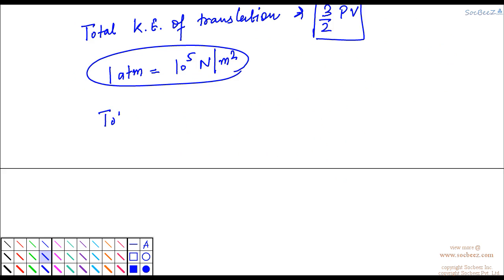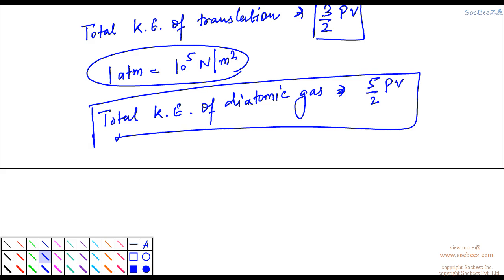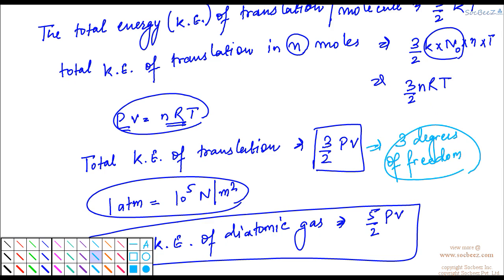So the total kinetic energy of diatomic gas would be nothing but 5/2 PV, because this was corresponding to 3 degrees of freedom. Because translation is possible in only 3 directions, that's why it was corresponding to 3 degrees of freedom.